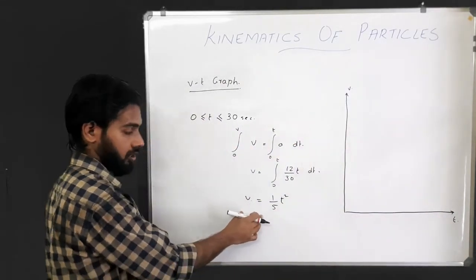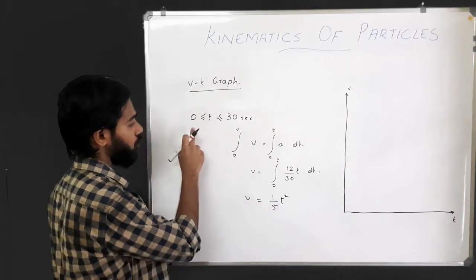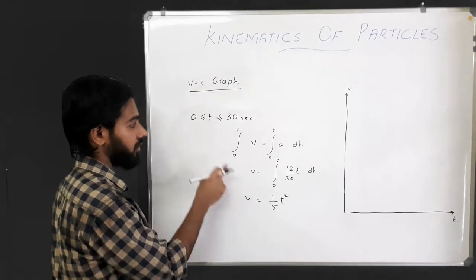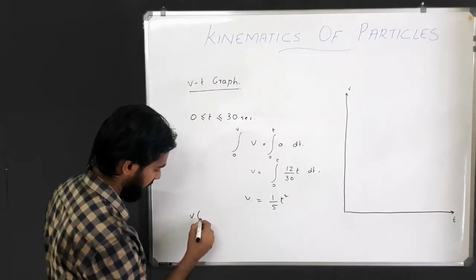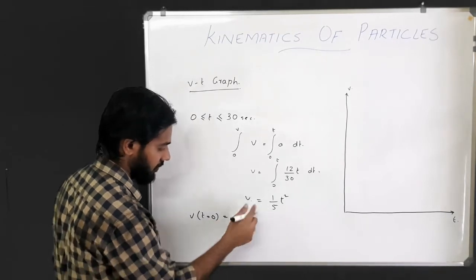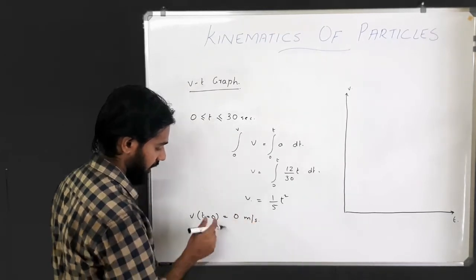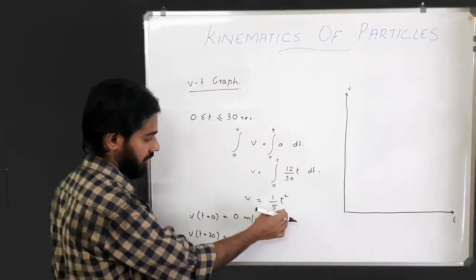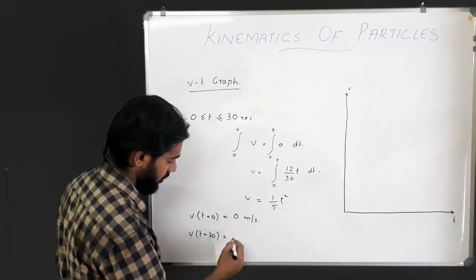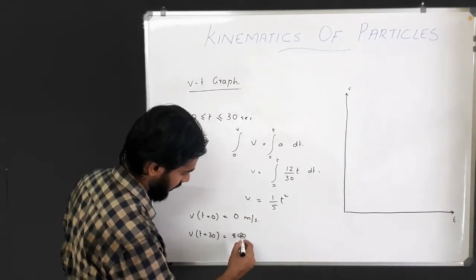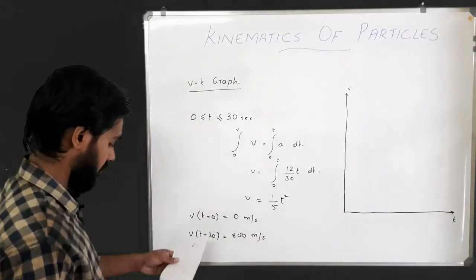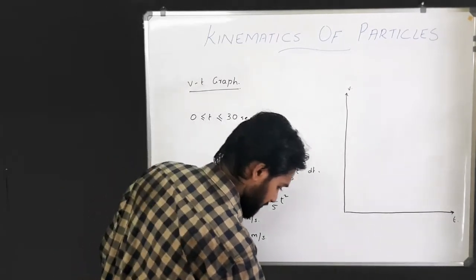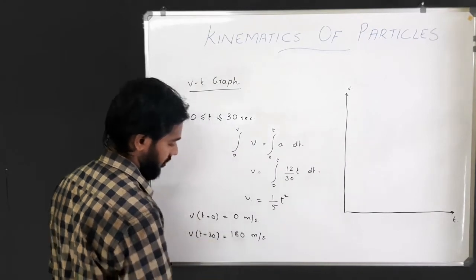Now I shall substitute t equals 0 and t equals 30 seconds to obtain the velocities at the two boundaries. v at t equals 0 gives 0 meters per second, and v at t equals 30 seconds gives 30 square divided by 5, which is 180 meters per second.